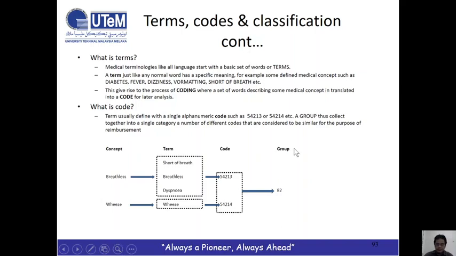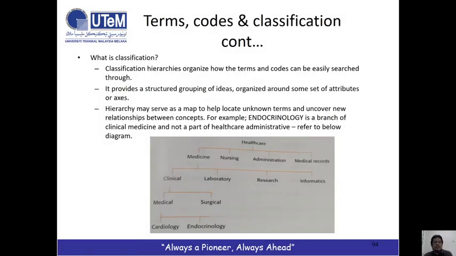Okay. So what is a classification class? Just now we already defined what is a term and what is a code. Classification is a hierarchy organized so that terms and codes can be easily searched.